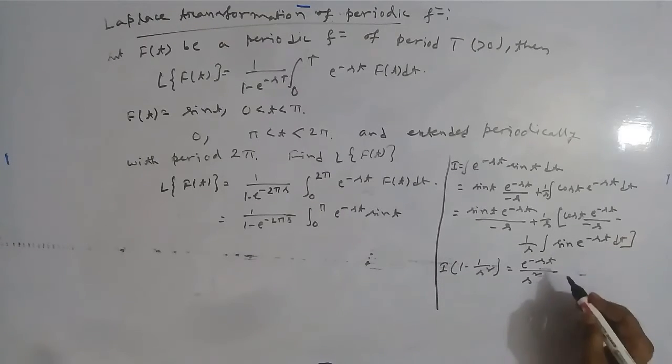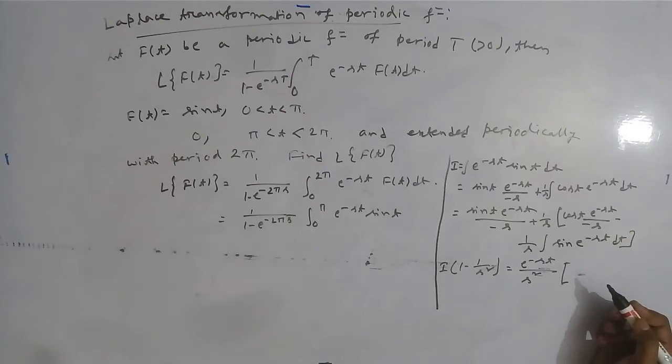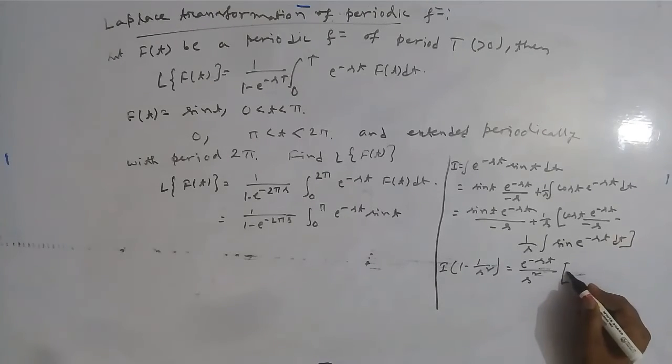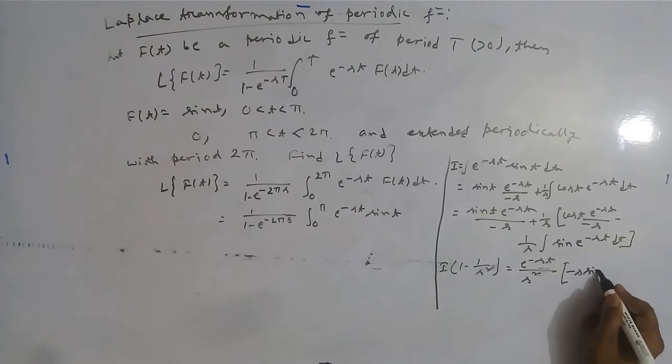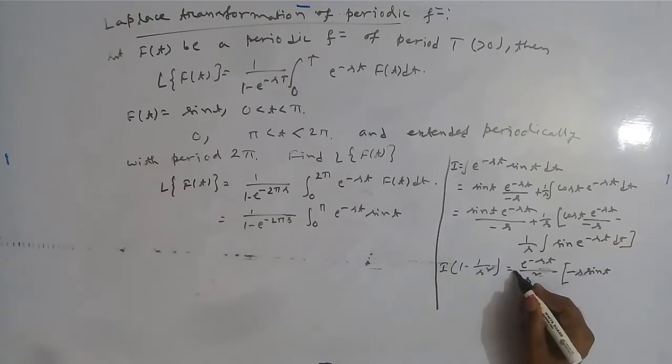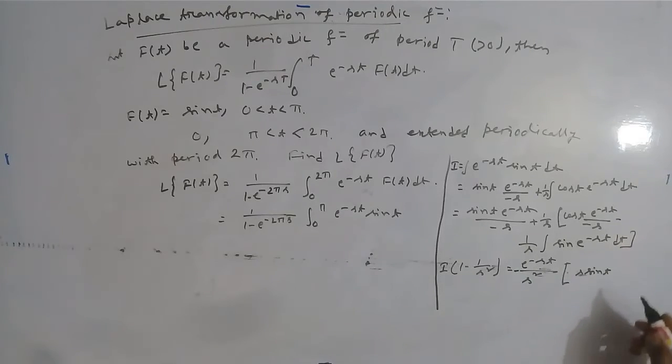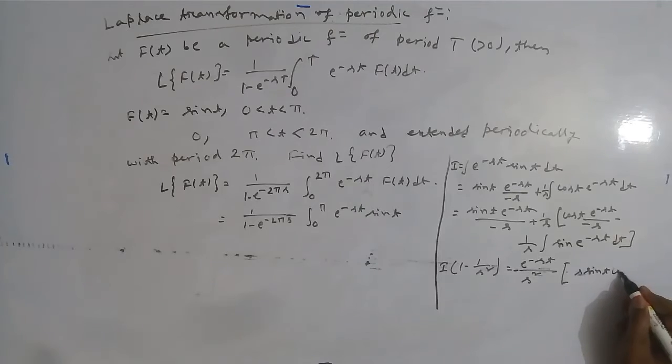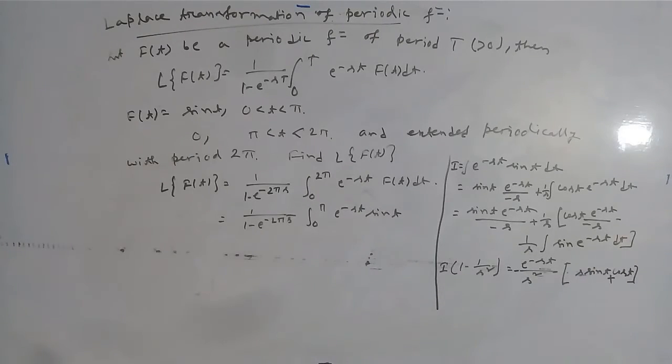I am taking common s square from these two terms, then it will be minus s sin t, minus is also common, so taking common minus, it will be s sin t plus cos t. So s square is being cancelled out.